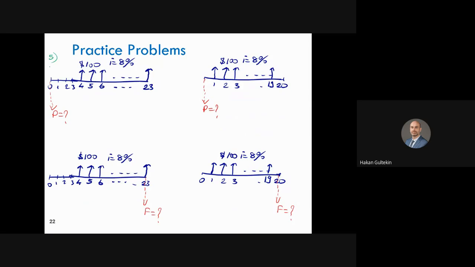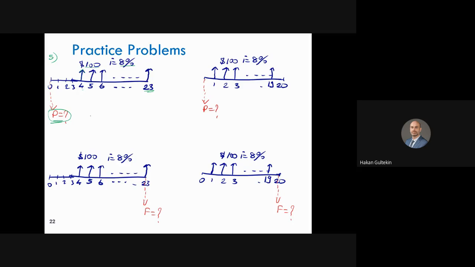So the fifth example, look at this one. I want to find the present value here. So the first payment occurs at the end of year 4 and it continues until year 23, equal amount of payments with an 8% interest rate. So what is the present value?